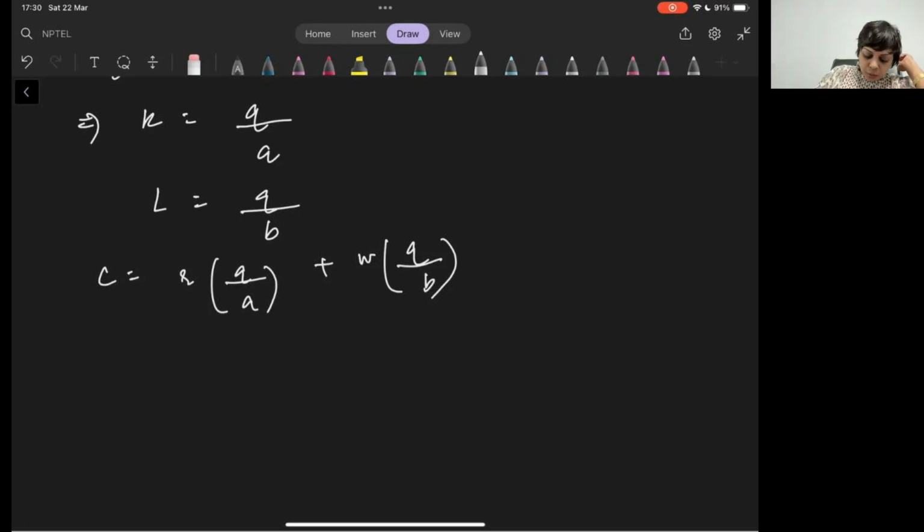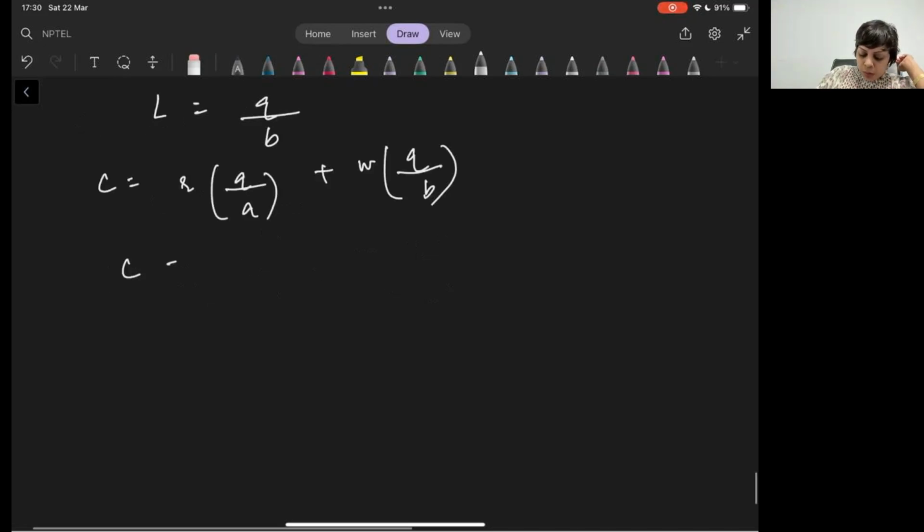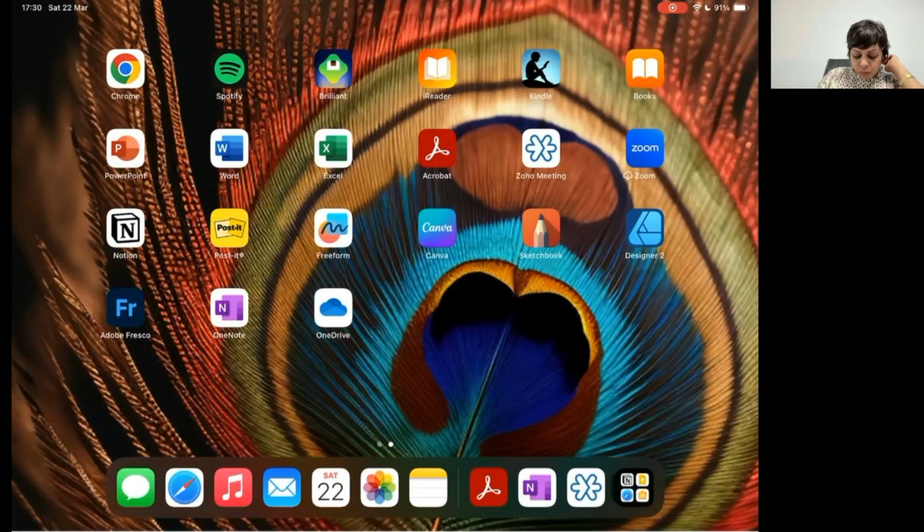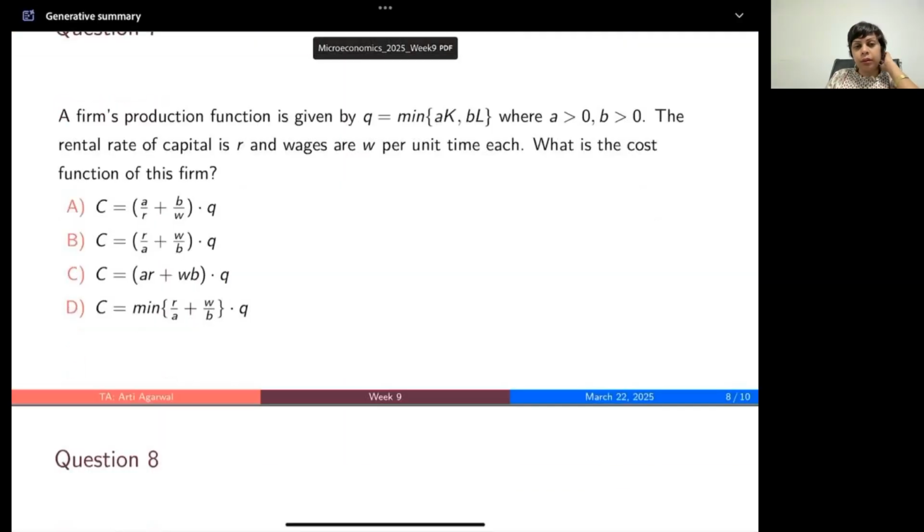Now in this, you take Q as common outside, we get R by A plus W by B. This is the correct answer, which is one of the options. Option B here. It's R by A plus W by B into Q. This is the cost function.